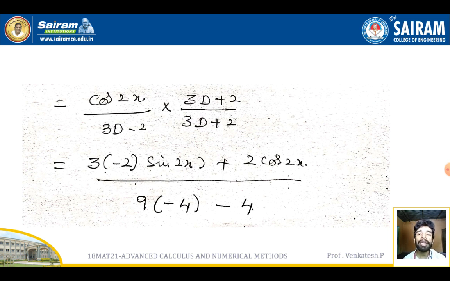So I am multiplying and dividing with 3d plus 2 to get the form a square minus b square. After multiplication I'll get 3d plus 2 into cos 2x divided by 9d square minus 4. So on multiplying the numerator, I will get 3d into cos 2x plus 2 cos 2x divided by 9d square minus 4.